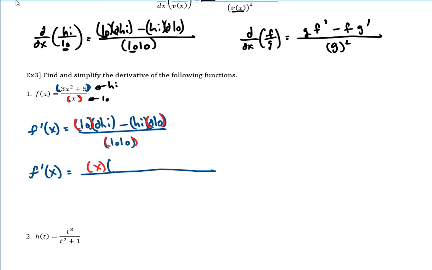In other problems, we might need to rewrite it to the side. But the derivative of this looks like it's just 6x. And then minus just the high one, 3x squared plus 5, times the derivative of the low. The derivative of x is 1, all over the low one getting squared.